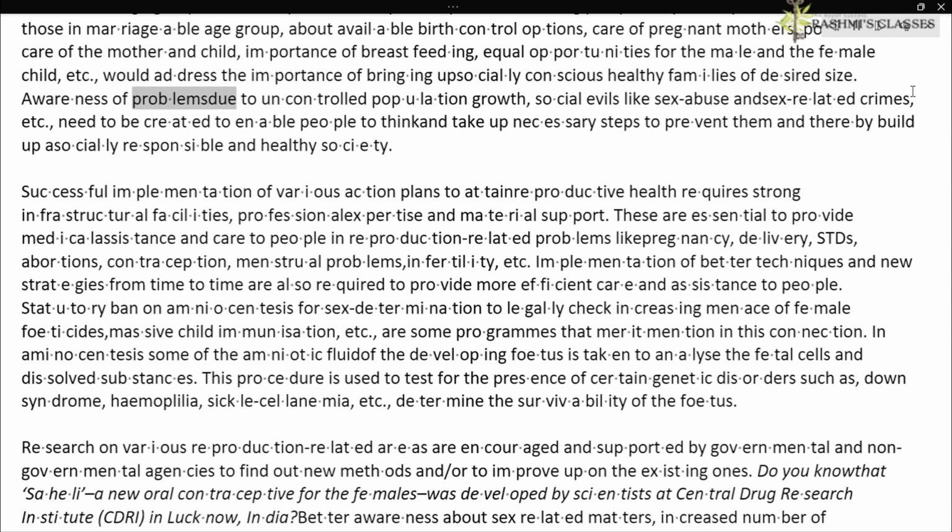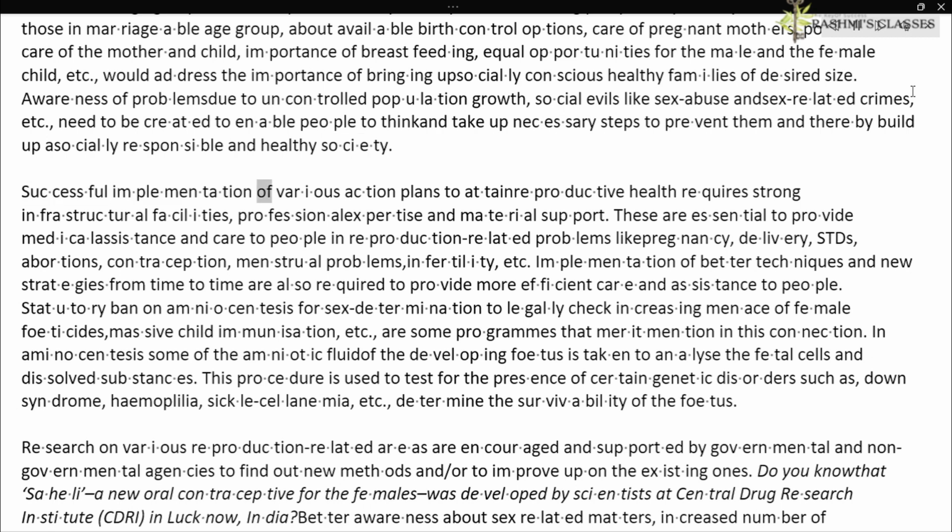Awareness of problems due to uncontrolled population growth, social evils like sex abuse and sex-related crimes, etc., needs to be created to enable people to think and take up necessary steps to prevent them and thereby build up a socially responsible and healthy society.